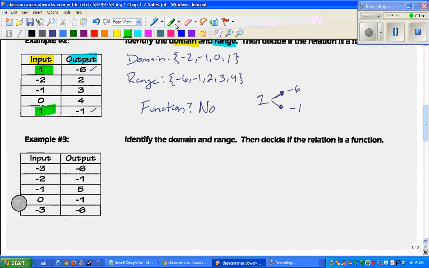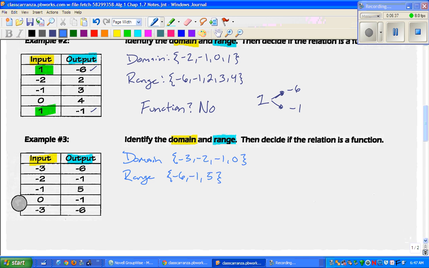Now, example 3. Once again, the domain and the range. Let's write the domain in order, which is -3, -2, -1, and 0. The range in order is -6, -1, and 5.